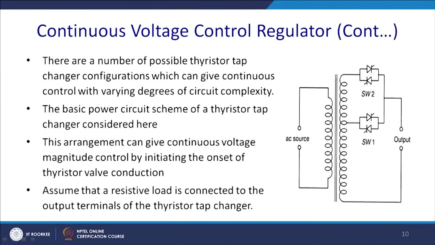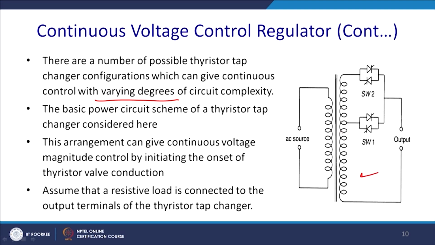There are a number of possible thyristor tap changer configurations. This is one of them, which can give continuous control with varying degree, but its circuit is quite complex. The basic power circuit scheme of the thyristor tap changer is considered here. This is the circuit.